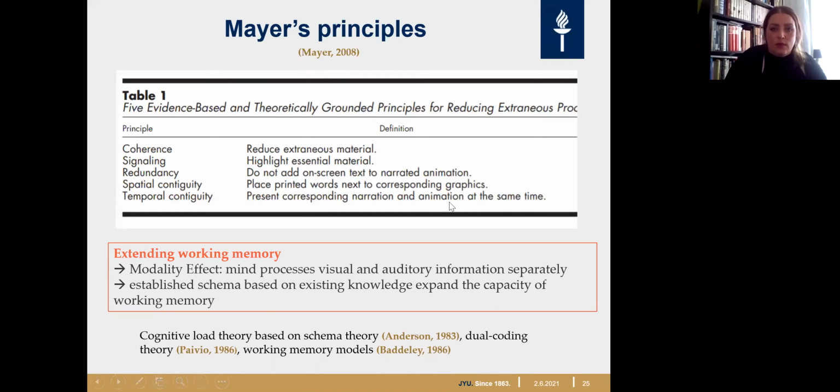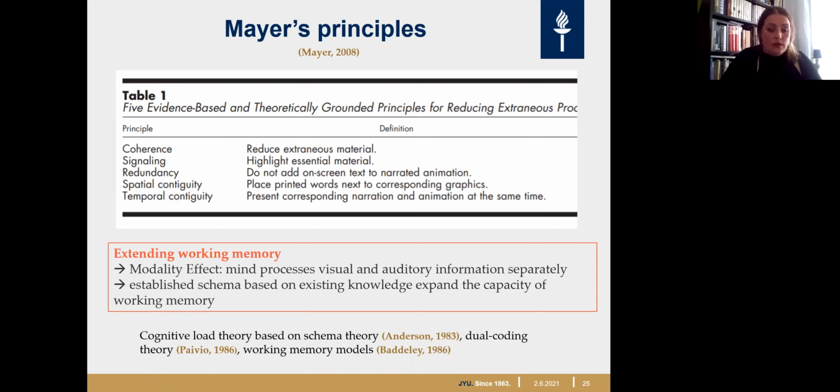So, and then there's the exact information or definition, but this can also be seen as design principles of how to present information to people, so as not to cognitively load them with extraneous processing.